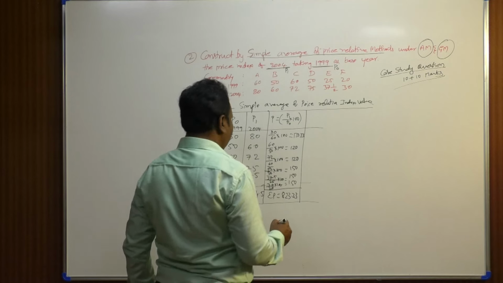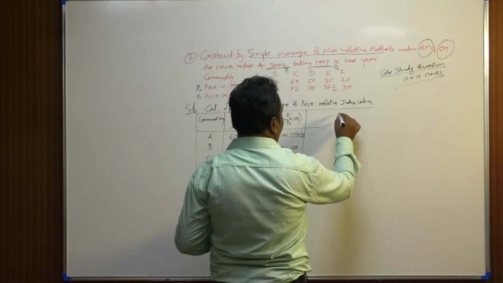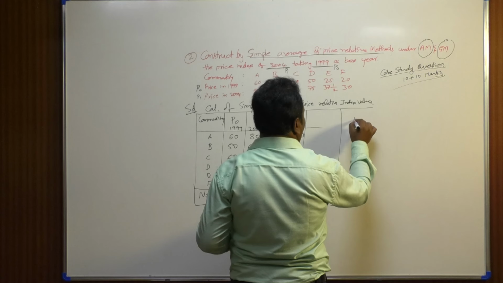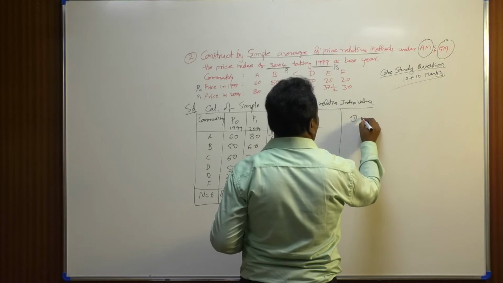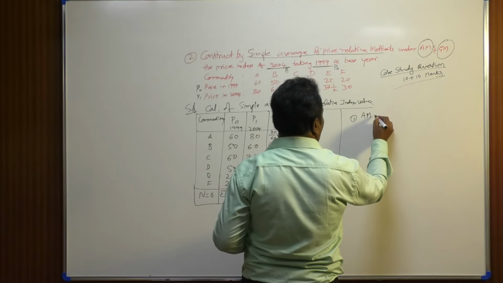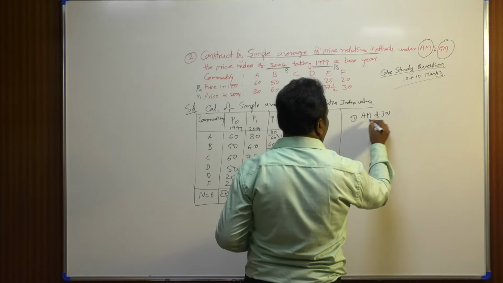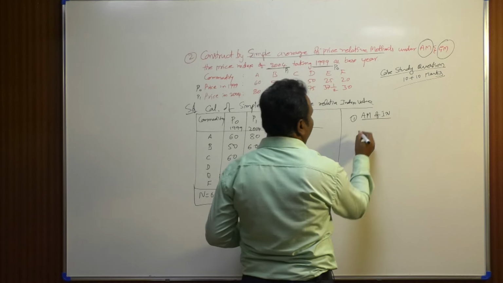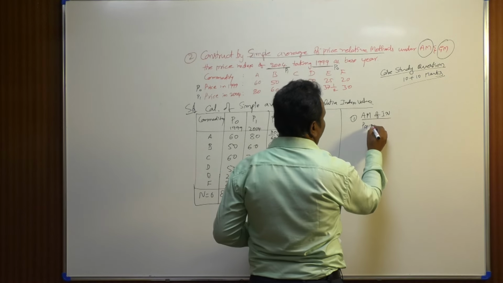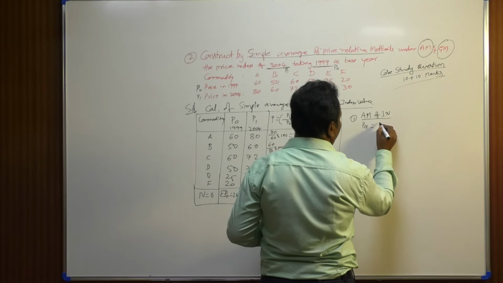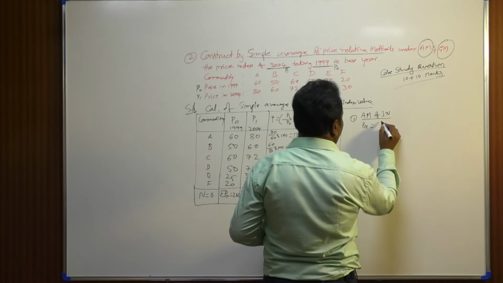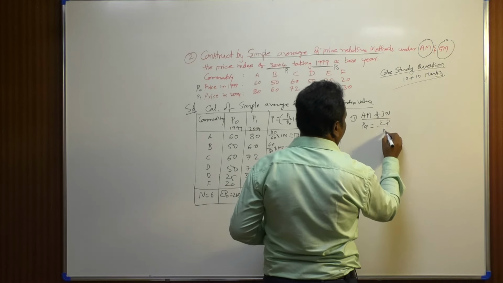Now the calculation. Number 1, the arithmetic mean of the index number, the index value, that is P01 equals sigma P divided by n.